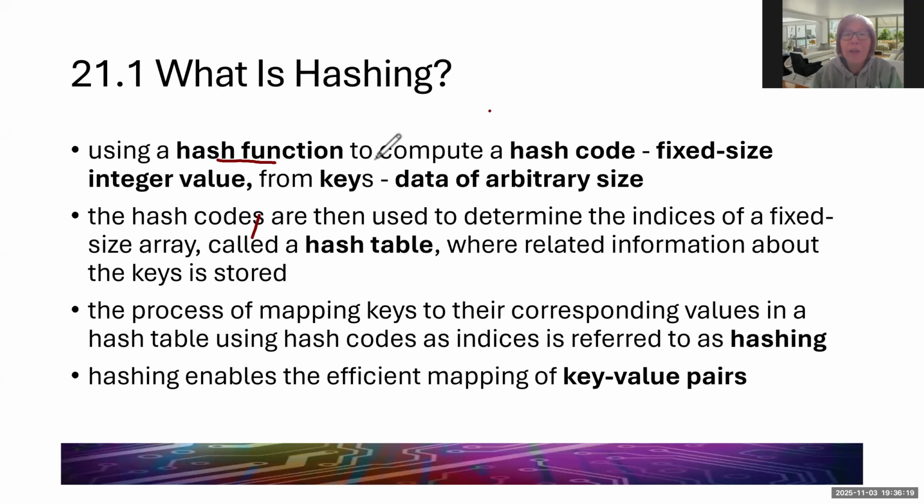We use a hash function to compute a fixed size integer value, and this fixed size integer value we call a hash code. Normally when we do hashing, we hash on keys.